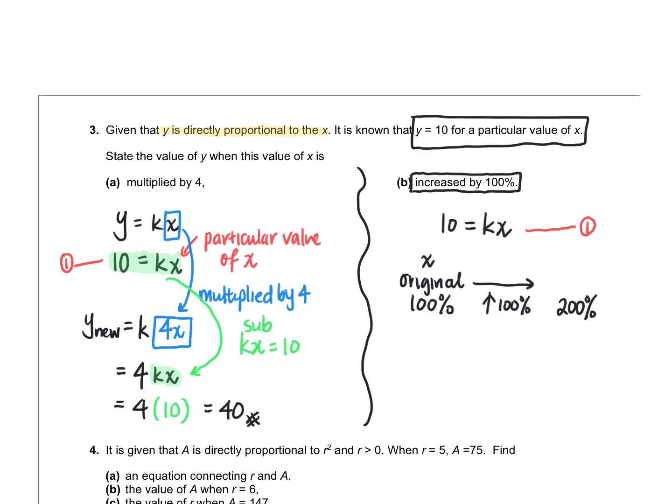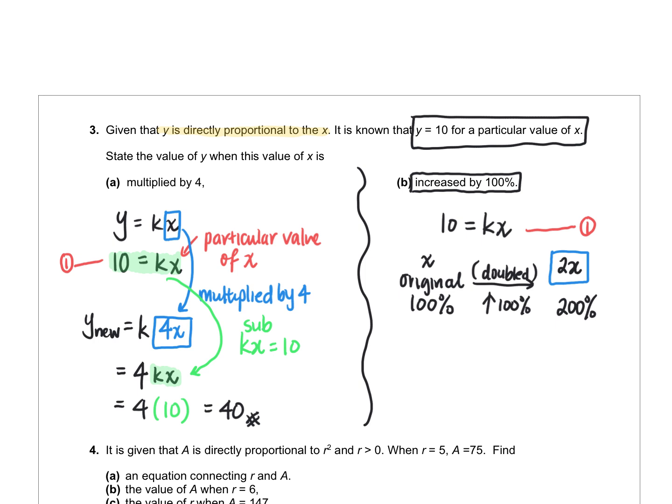So what is the new x value? 2x. So this is another way to say that it has doubled. Okay? So when I say that x increased by 100%, means I have doubled it. So now instead of x, I sub in 2x. So this is the value I'm going to put in.